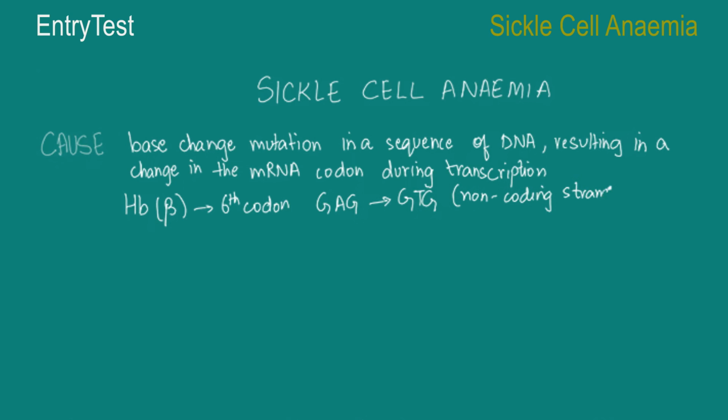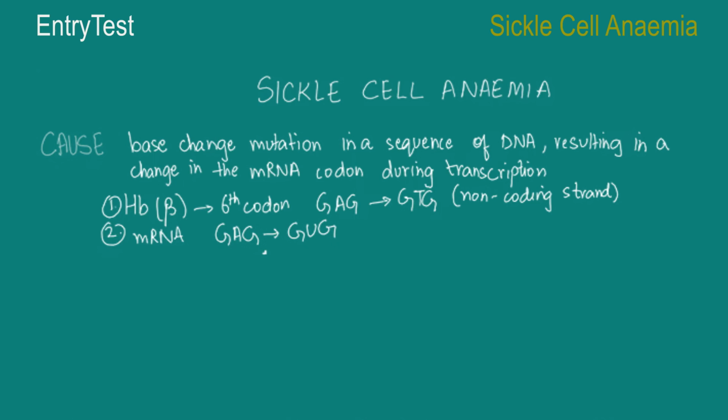So to understand this process, you need to understand the process that takes place in transcription. Now when this happens, this causes a change in the mRNA codon. So that is the first step that happens. The second thing is change in the mRNA codon. So the messenger RNA changes from GAG to GUG.